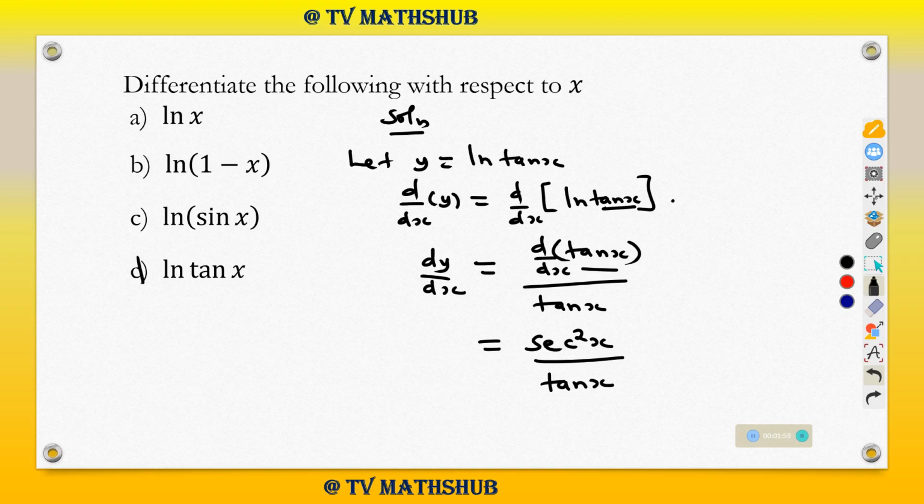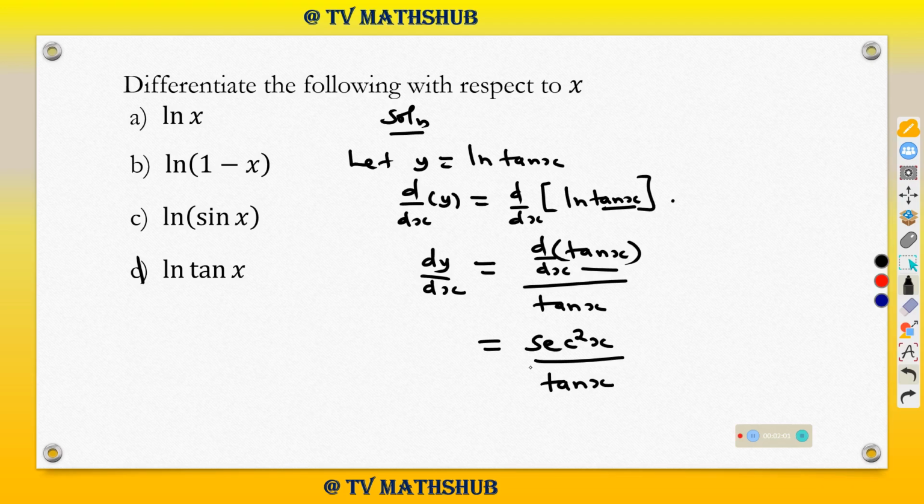However, as mathematicians, we shall not leave our expression here because this expression can easily be simplified. So this is sec squared of x. But what is sec squared? Sec squared is 1 upon cos squared of x. So we are dividing by tan of x. Tan of x is same as sine of x divided by cos of x.